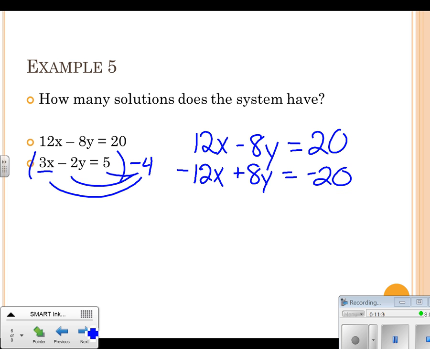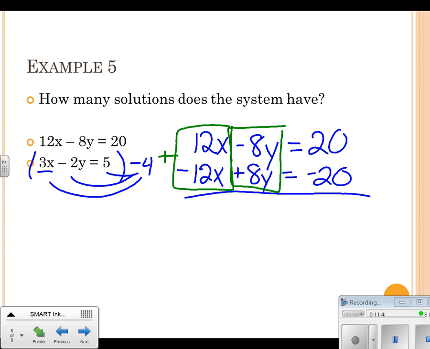Now what happens here is not only are those x terms going to eliminate, but so are the y terms. When we add, this eliminates, and this is also going to eliminate. So we're left with 0, and over here this is also eliminating to 0, and 0 does equal 0.